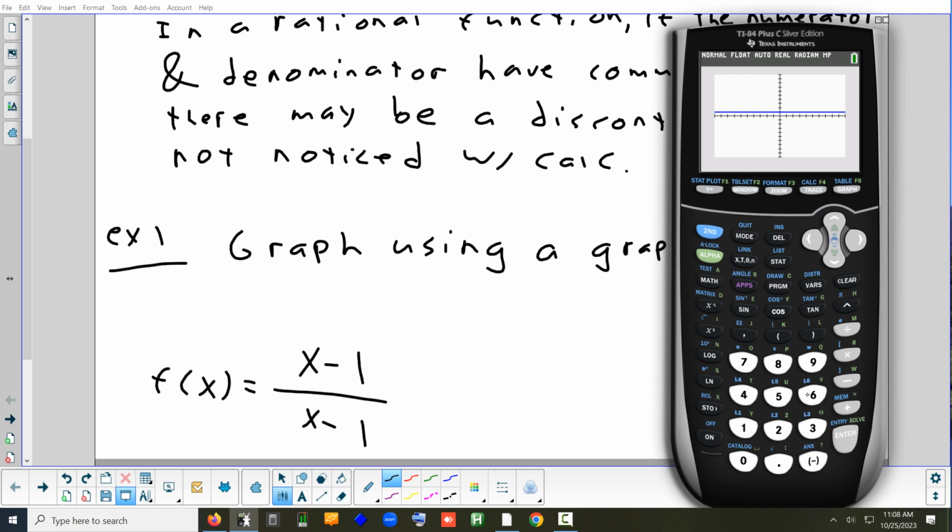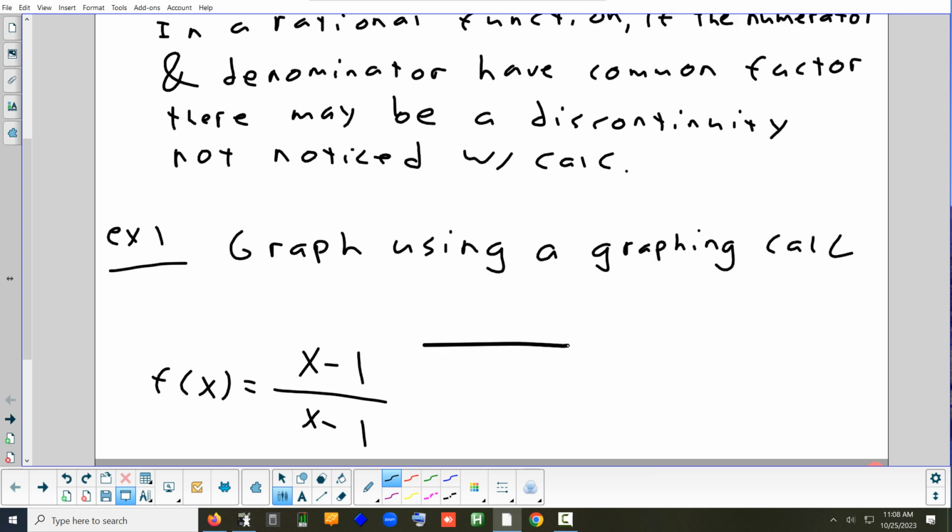So there's your horizontal line. But we said that you can't use the number 1. So what it should really look like is, here's your line, and you should have a hole in the graph at the number 1. That's how you would show it.